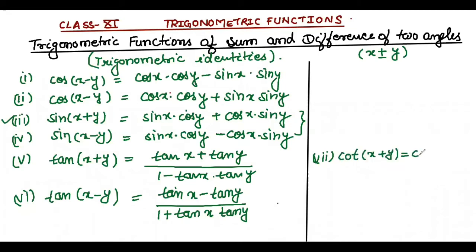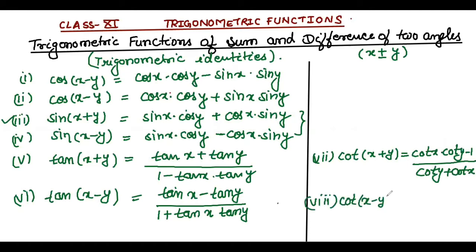So it will be cot x into cot y minus 1 by cot y plus cot x. And then cot of x minus y, that will be cot x into cot y plus 1 by cot y minus cot x.